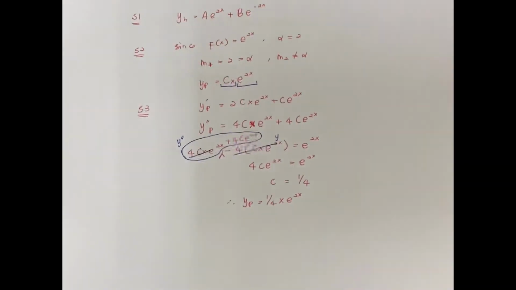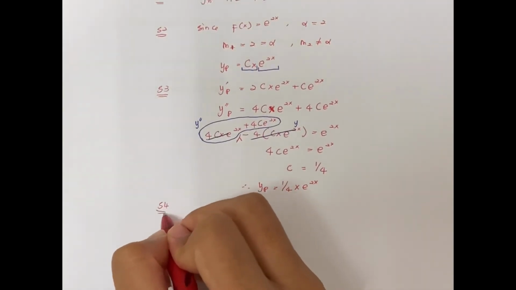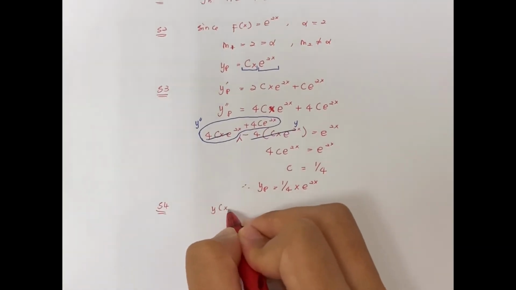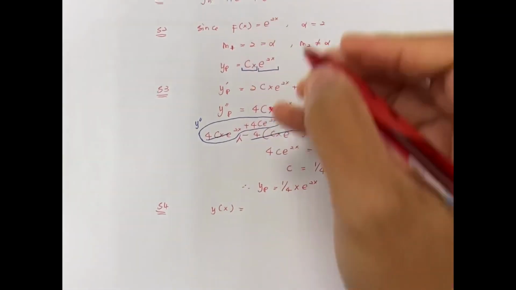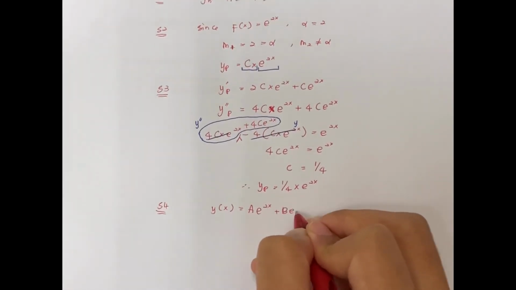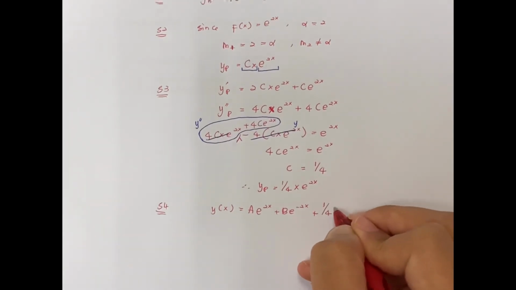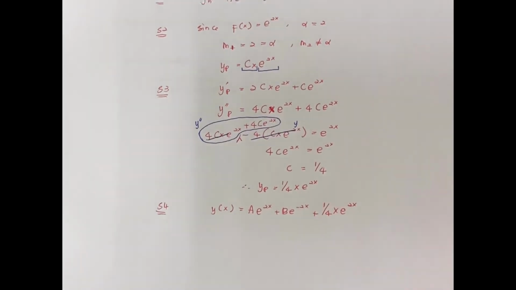Once you have your yP, the fourth step, y(x) is equal to yH, A e^(2x) plus B e^(-2x), plus yP, 1 over 4 x e^(2x).